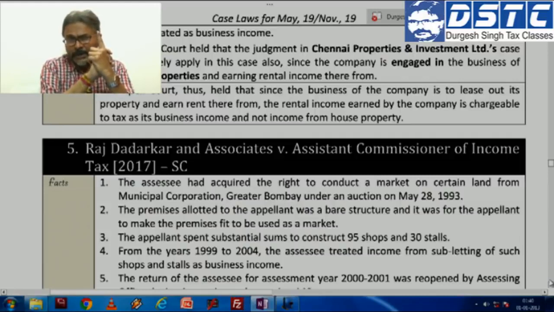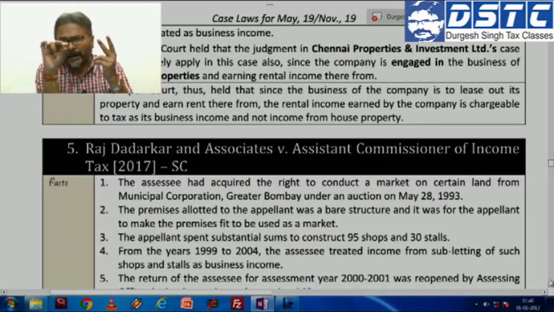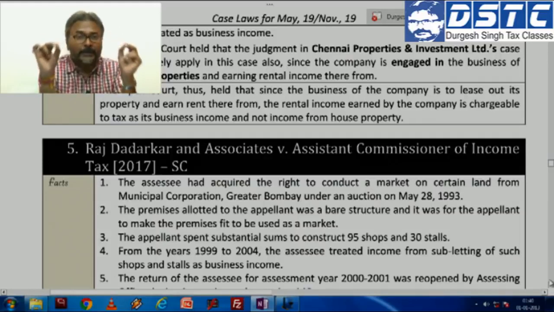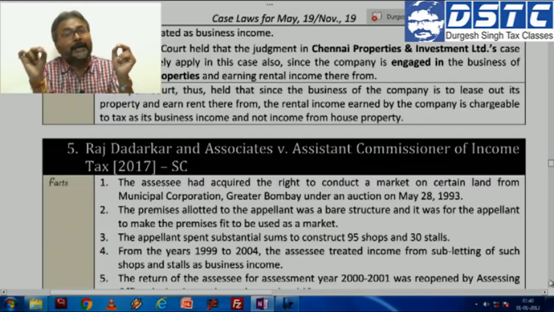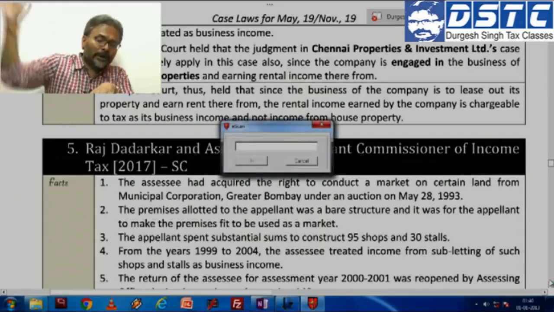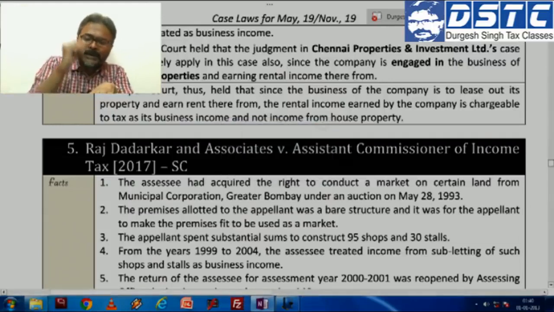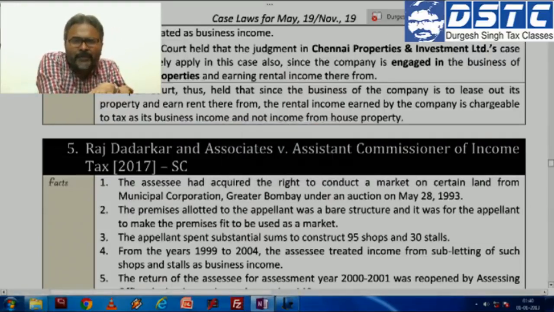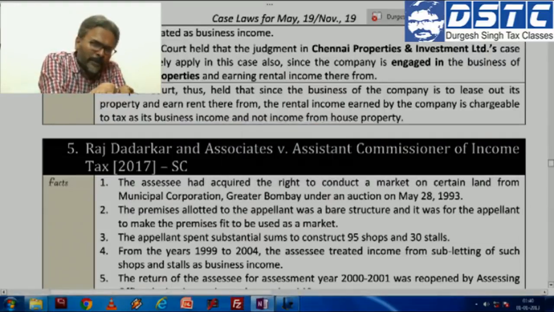of the amount. And then thereafter the second condition was that once you own that house property, then if you are not doing any business through that particular house property, then and only then the rental received will be charged under the head house property.